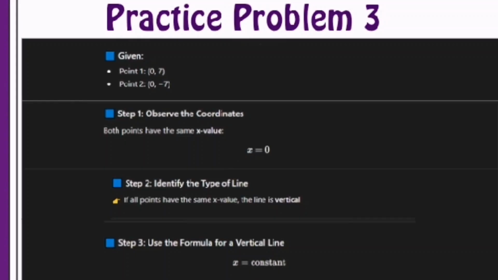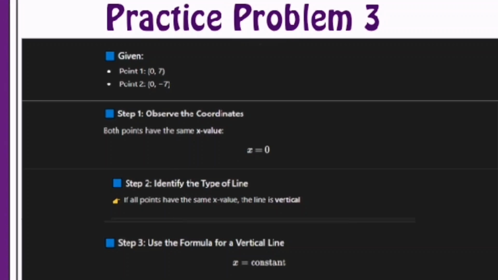Let's separate the values. The x values are 0 and 0. The y values are 7 and negative 7. Both points have the same x value, which is 0. So step 2 is understand what this means.